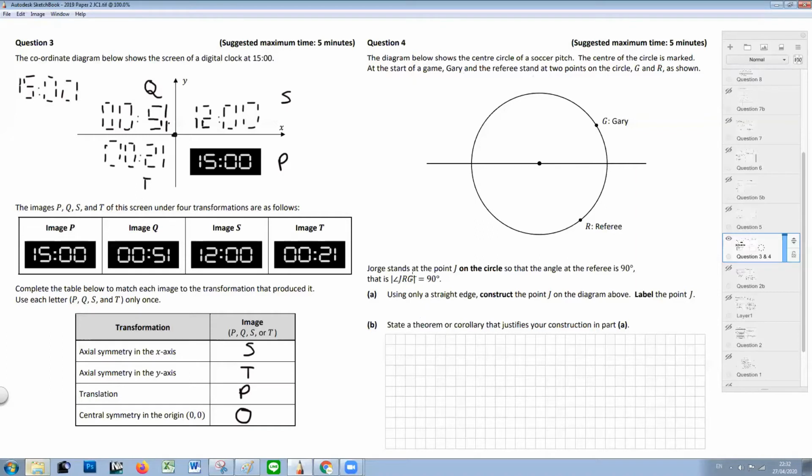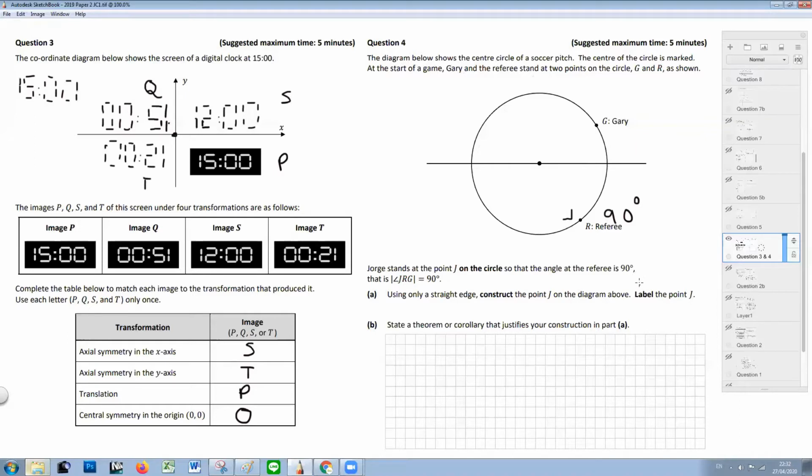Okay, so it says Jorge stands at the point J on the circle, so that the angle at the referee is 90 degrees. So some angle here is 90 degrees. Okay, so using only a straight line, construct the point J on the diagram above.